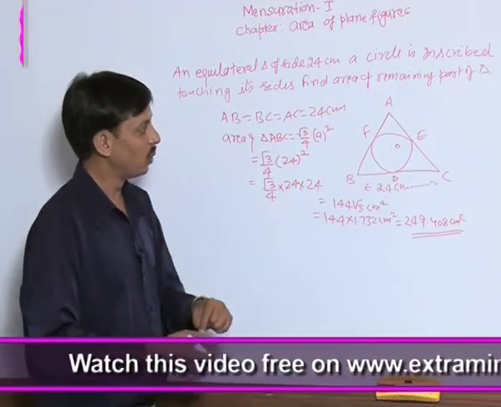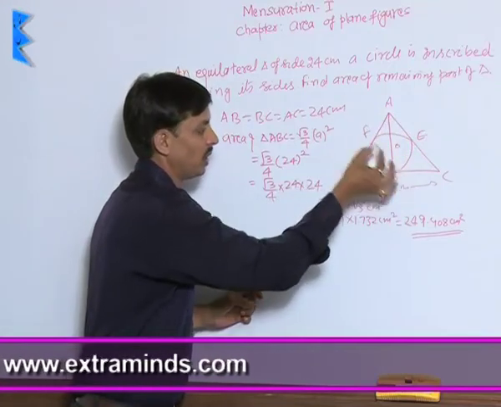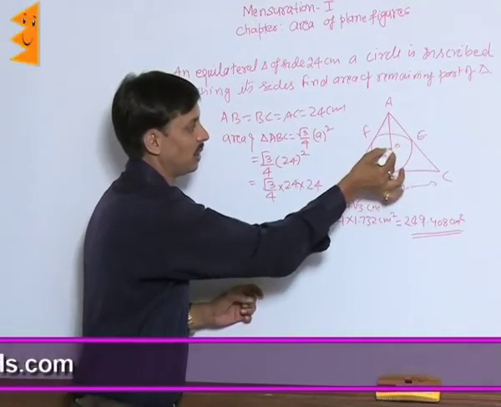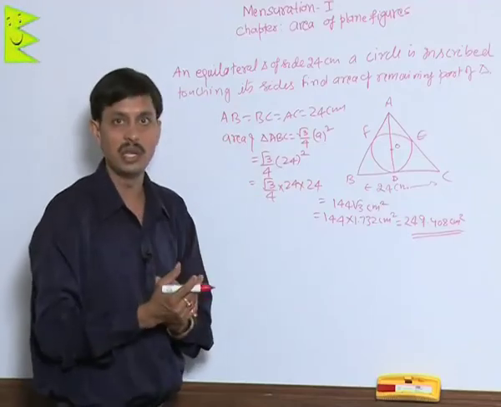So if I draw AOD, then we can say AD is the median, and O is the point where all 3 medians meet.